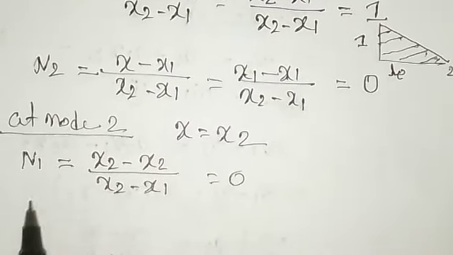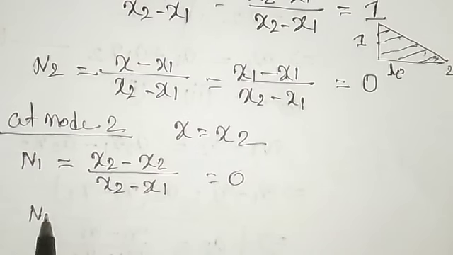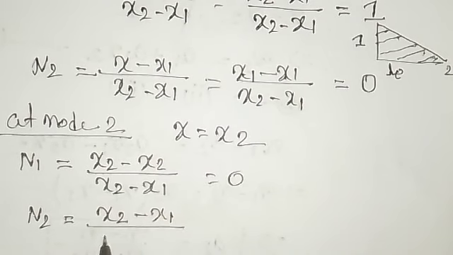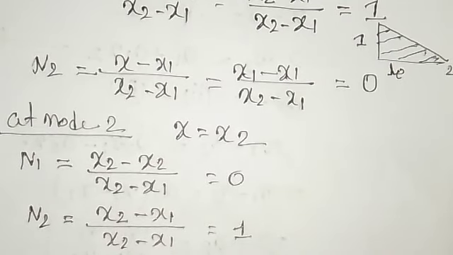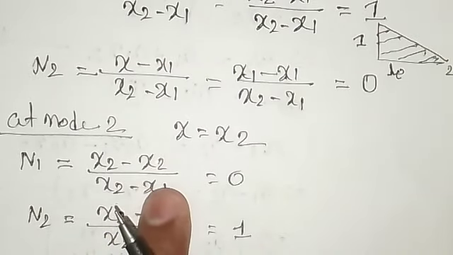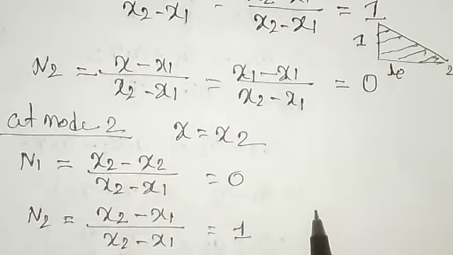And n2 is equal to (x minus x1) by (x2 minus x1), so (x2 minus x1) by (x2 minus x1) is equal to 1. Means at node 2 the shape function value is 1, and at node 1 it is 0.